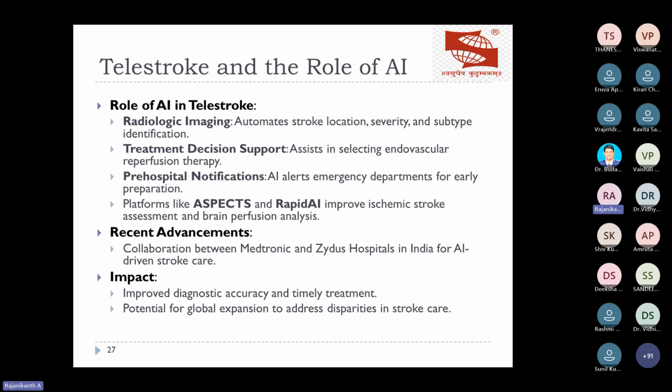They help us with this particular telestroke. A simple example he has given, Medtronic and Zydus hospitals in India for AI-driven stroke care. So they are already collaborated with these particular hospitals, and they were supporting this particular telestroke.